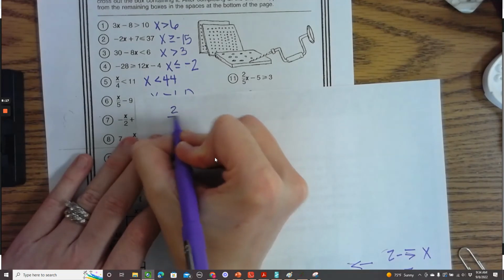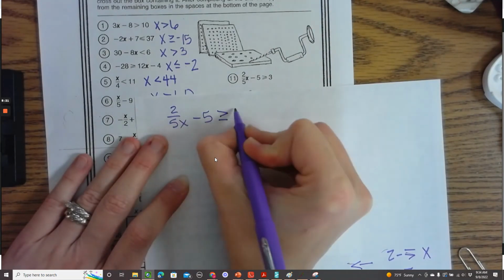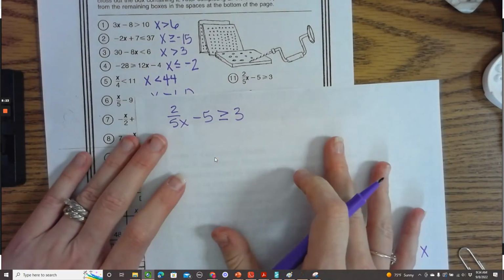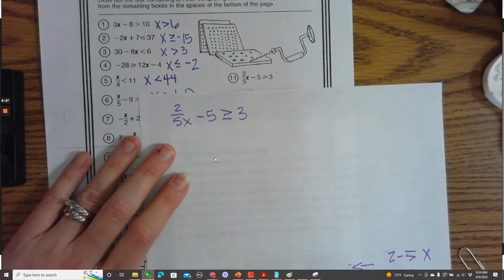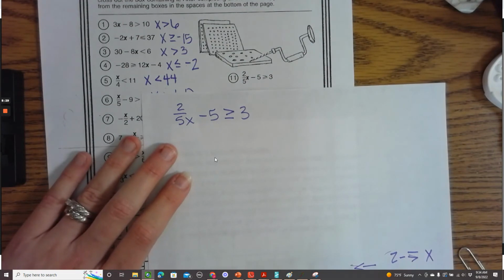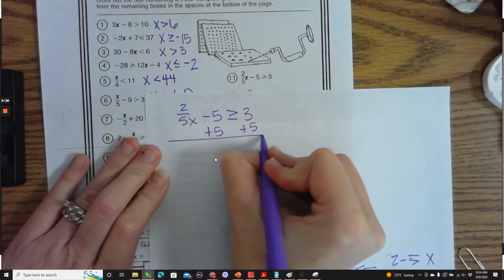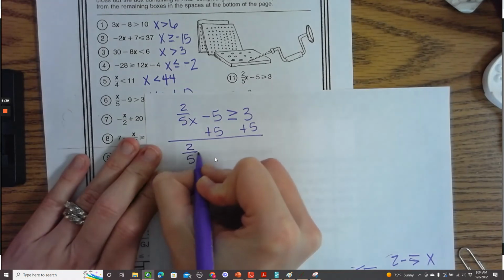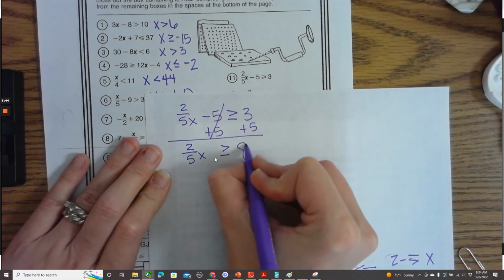All right, 2/5 x minus 5 greater than or equal to 3. What do I do first there? 2/5 x, this cancels. 3 plus 5 is 8.